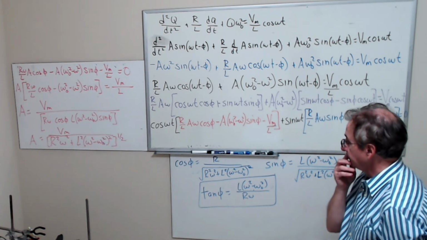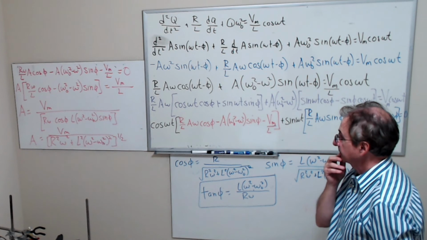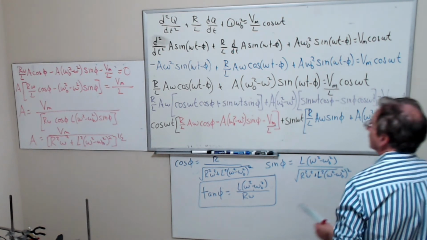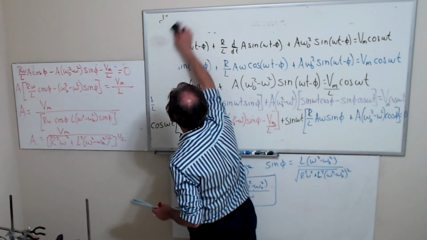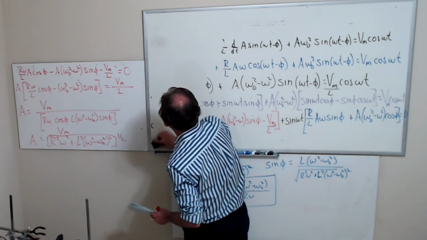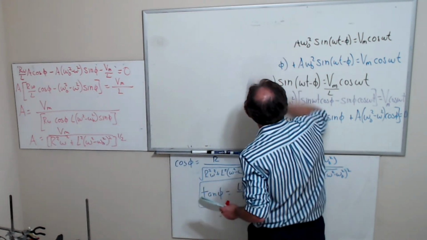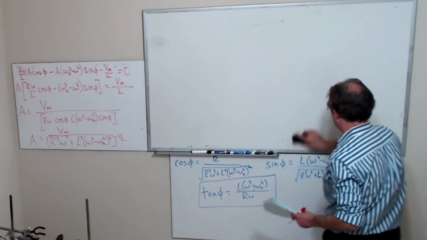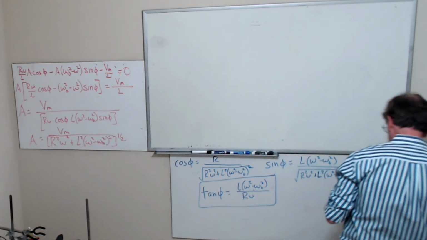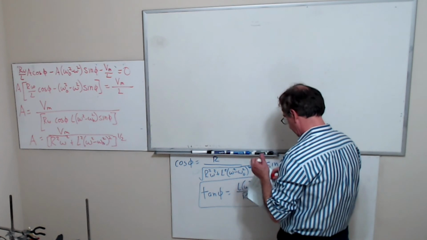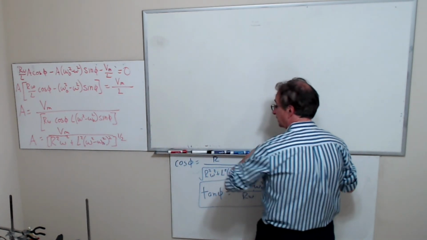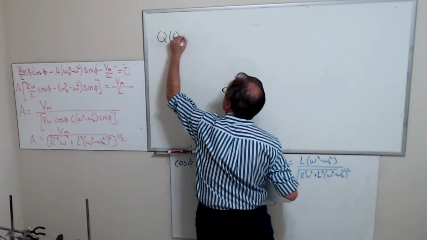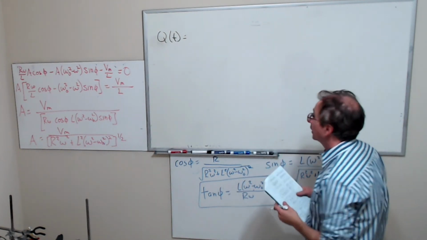Okay? That's A. So that means then that our Q, let me erase this. Our Q looks like this. And I'm going to write it in black so it's easy to see. This is our particular solution. Our Q looks like this.